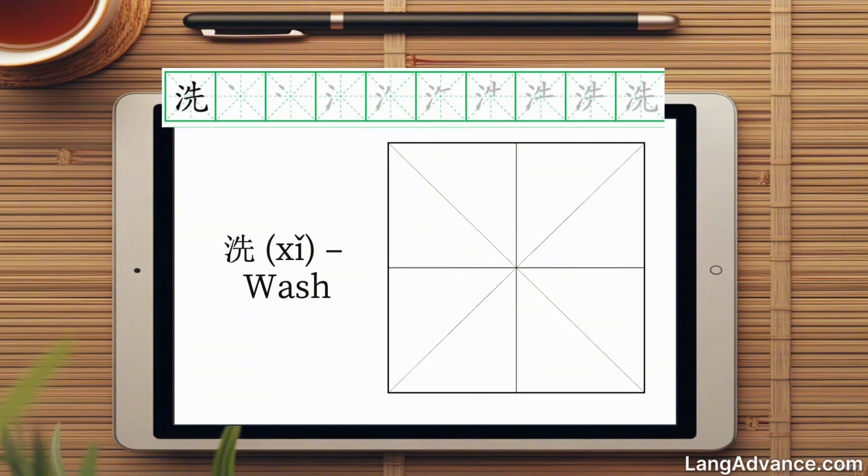Now let's learn how to write wash, which is 洗. You want to wash your hands, you want to wash your plates or whatever. Wash, 洗. Because washing has to deal with water, that's why you have your 3 dots.